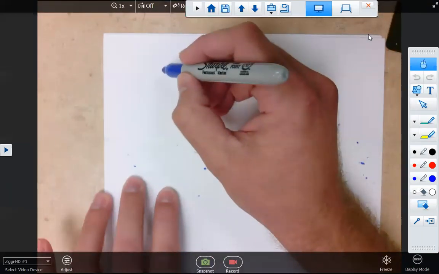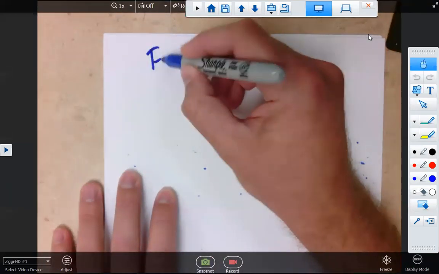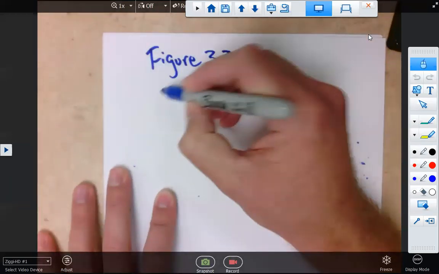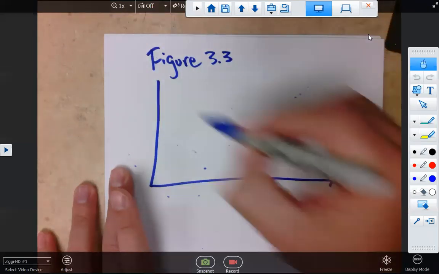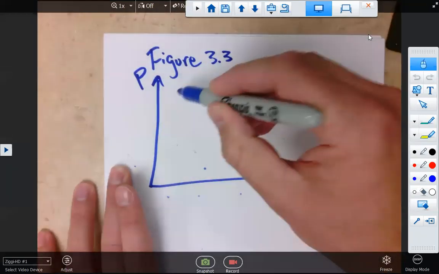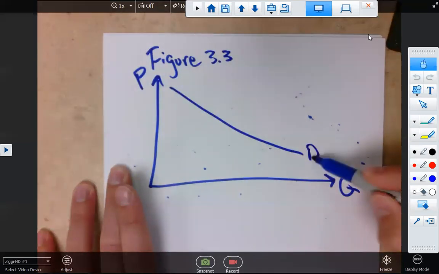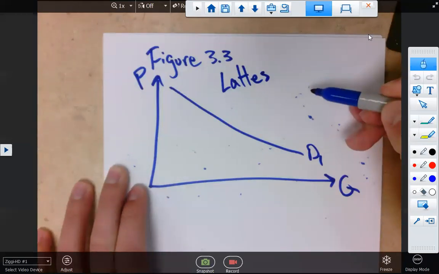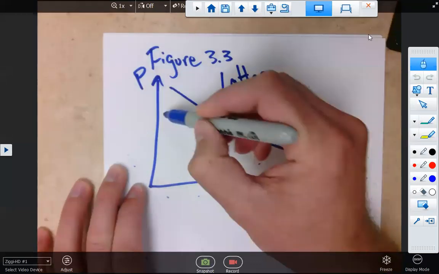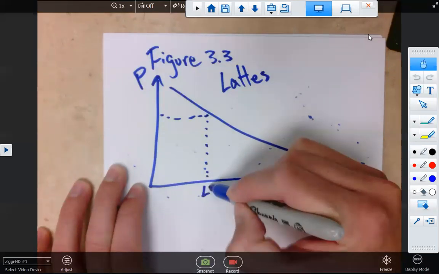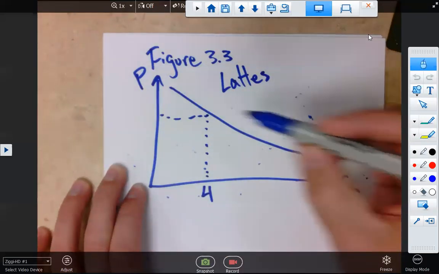So I'll just redo that graph real quick. Figure 3.3. So we've got the price, we've got the quantity. We have some initial demand curve. And again, this is for lattes, where at 4, the quantity demanded is 4. And at 2, the quantity demanded is 11.